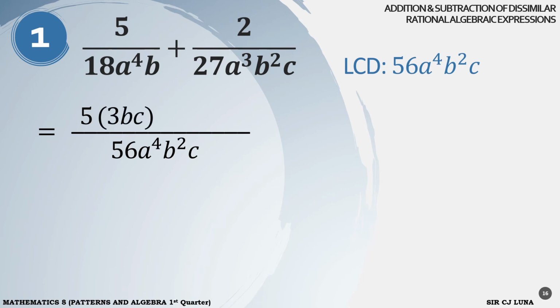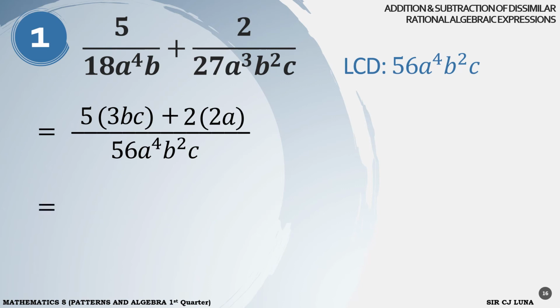That's correct. We have 3bc. Next, we have plus 2. So divide our LCD 54 a raised to 4 b squared c by the denominator of our second rational expression. What will we get? That's right, 2a.